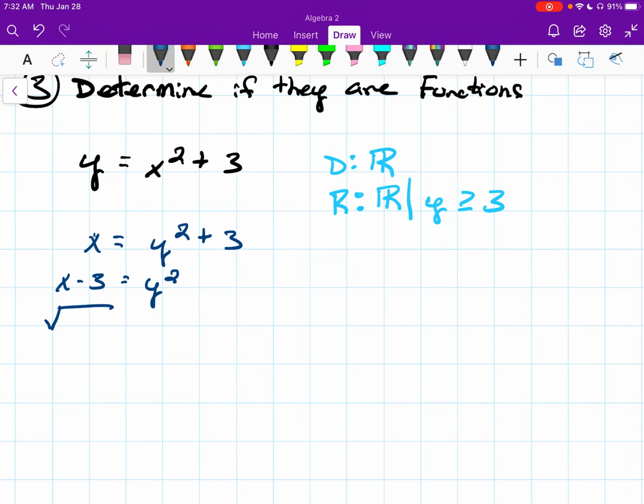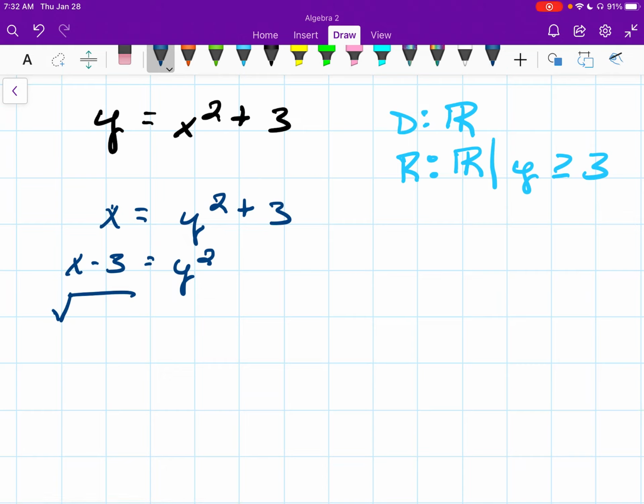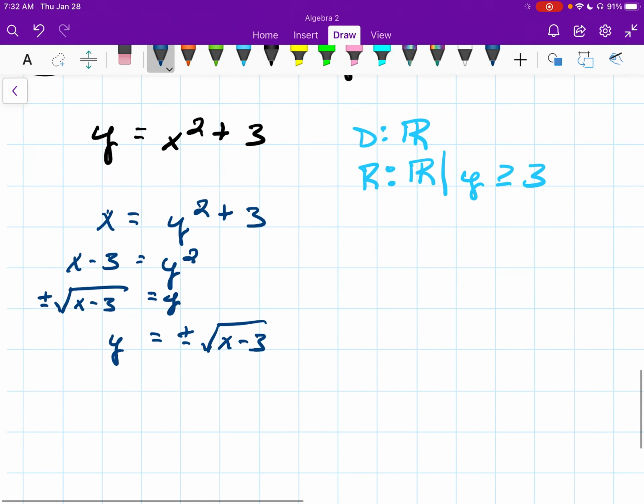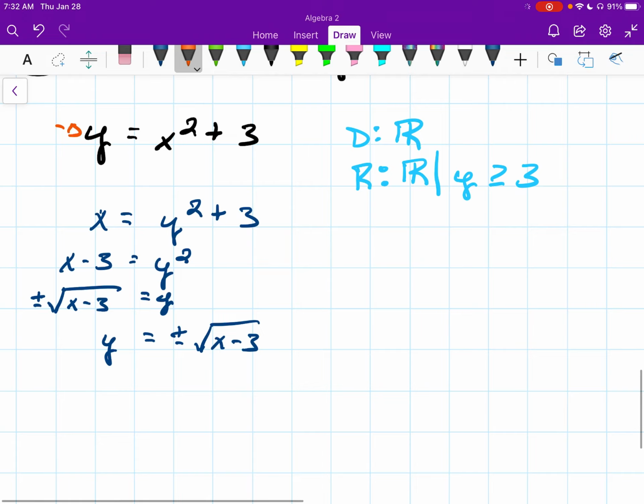In the last one, the root was already listed. We created the root this time, so we need a plus or minus. And I'm just going to write it the other way around because it makes it look nicer. So just like that. So this is the relation. This is the inverse.